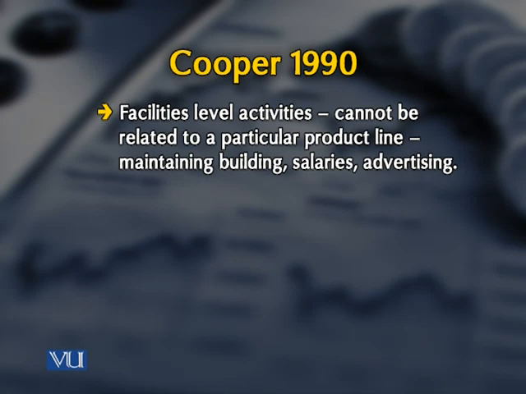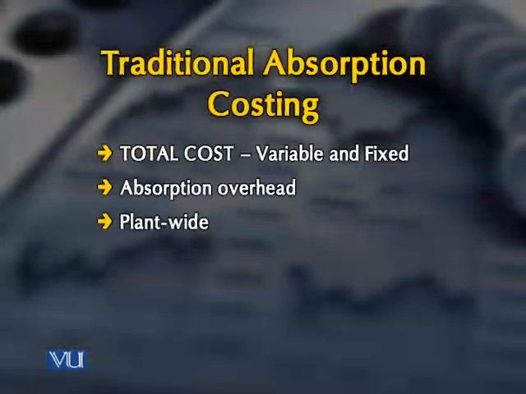There are certain costs which can relate to a unit, batch or product level, but there are general facilities which we are providing for which it is very difficult. So they said we should separate all these levels and then try to work out the cost.